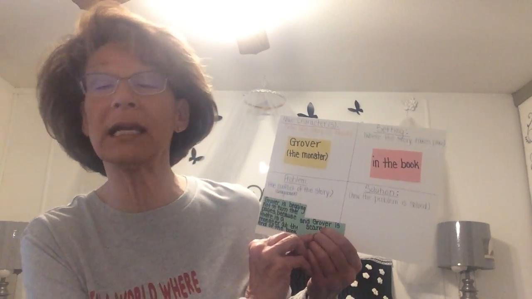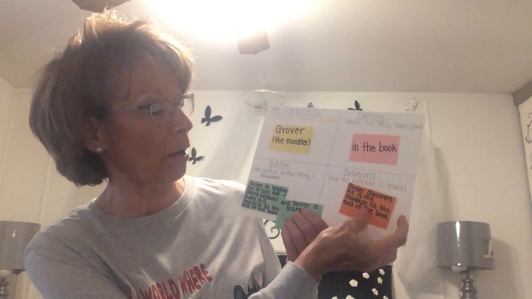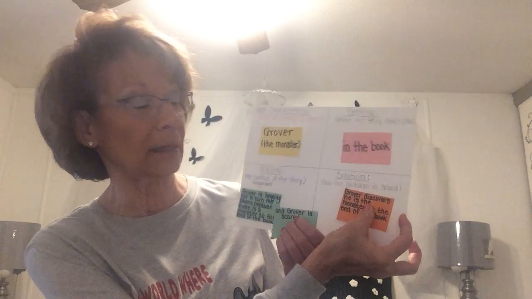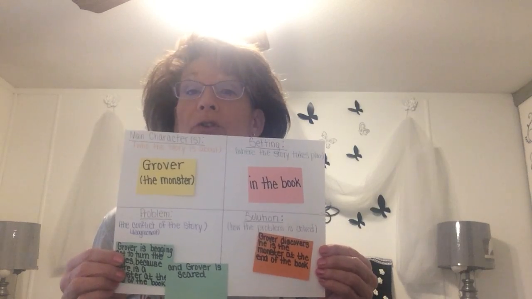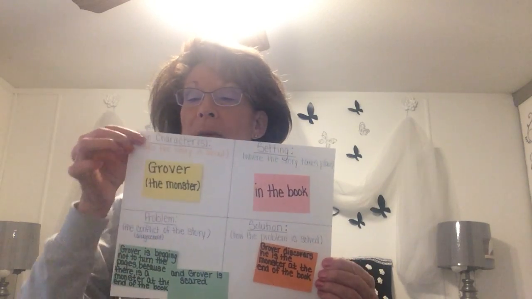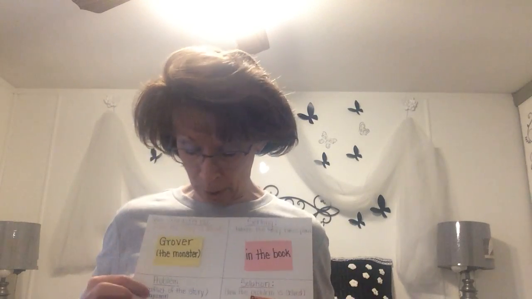The solution is when the problem is solved. Grover discovers he is the monster at the end of the book. So there you have it, the story elements of The Monster at the End of This Book: the main character, the setting, the problem, and the solution.